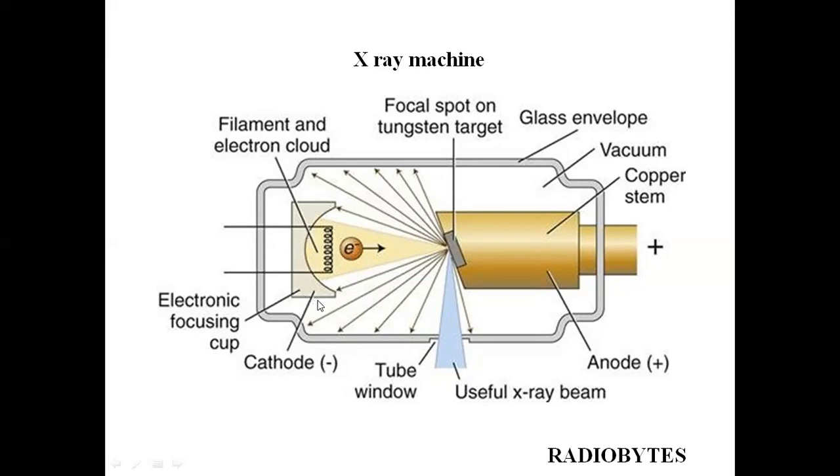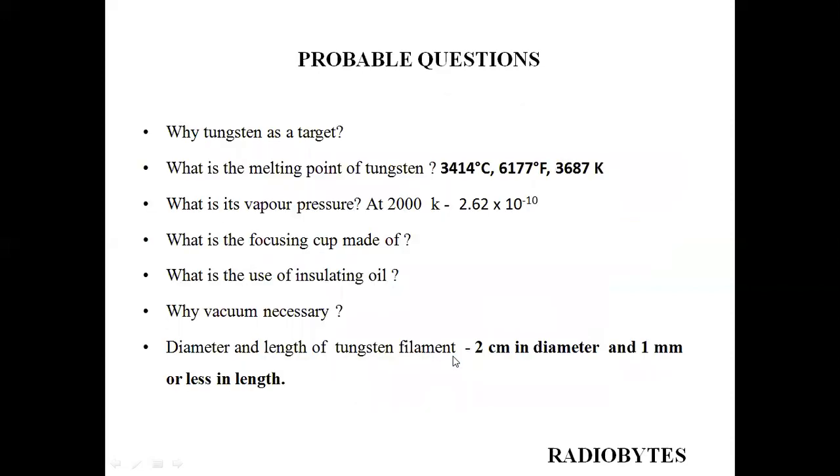Since this molybdenum is negatively charged and the electrons produced are also negatively charged, there is some amount of repulsion created here, and so more and more of the expelled electrons are pushed towards the tungsten target, thereby resulting in the production of a useful X-ray beam.